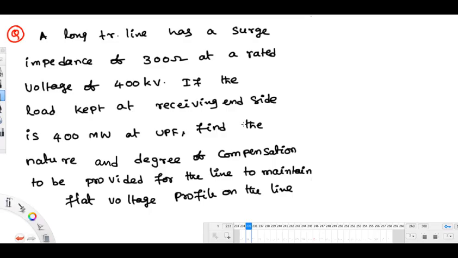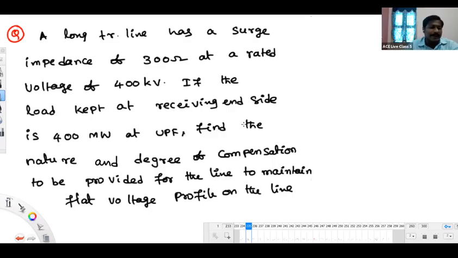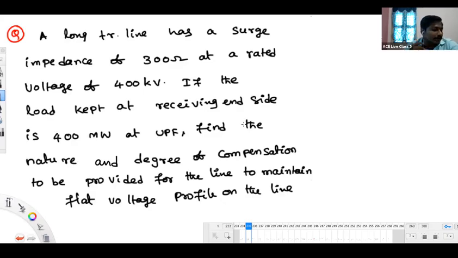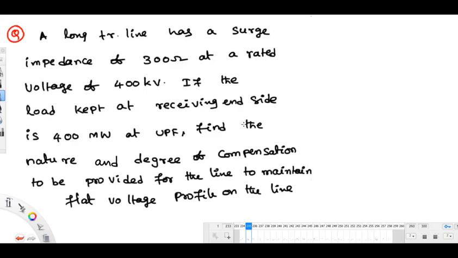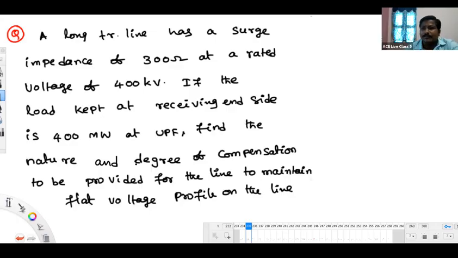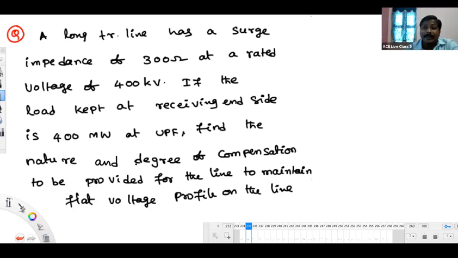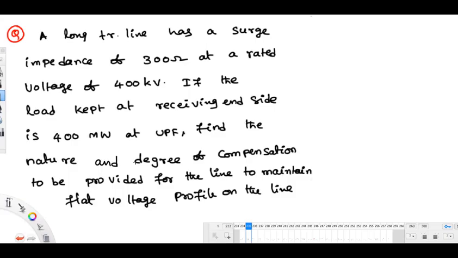Then you will have a lack of stability. It will be marginally stable. So in that situation, we should not suggest going close to SIL in the case of long lines. In the case of short lines, you are also going to get a similar scenario. The thermal limit might come into action there.